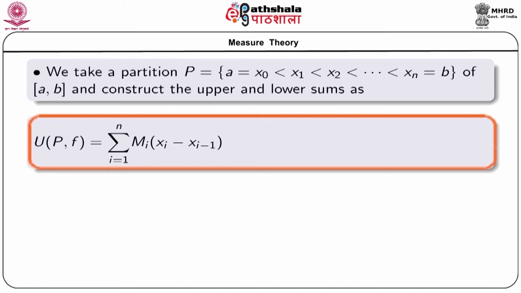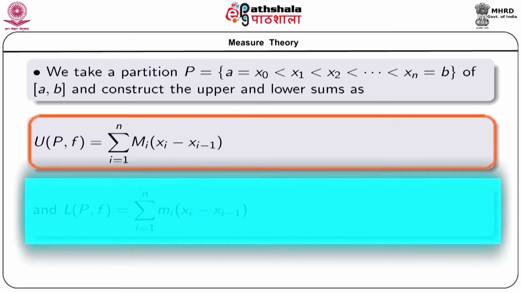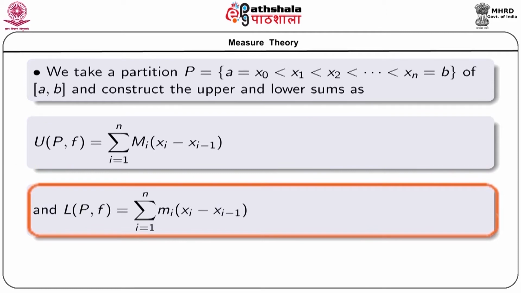This is the upper sum of f corresponding to the partition P, and L(P,f) equals the sum from i equals 1 to n of m_i times (x_i minus x_{i-1}).